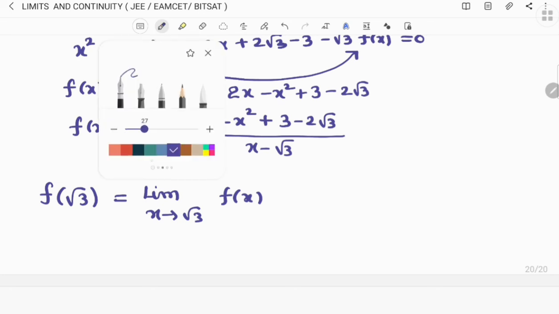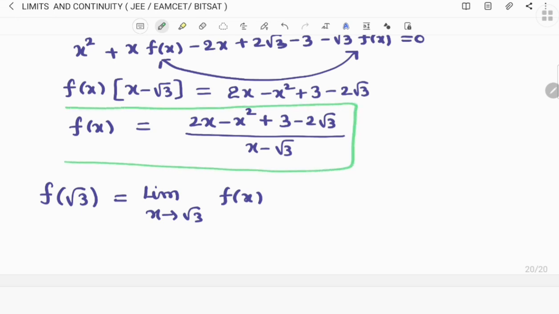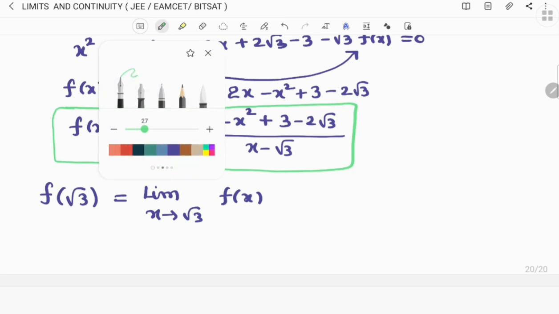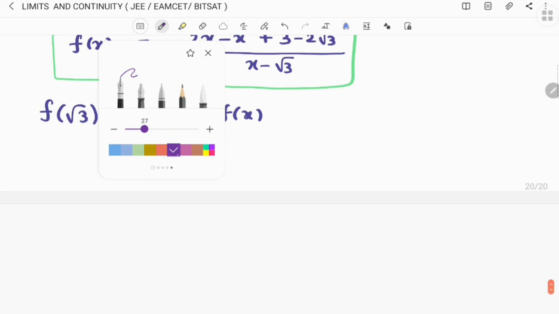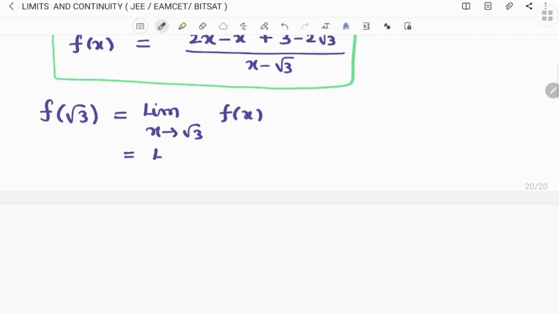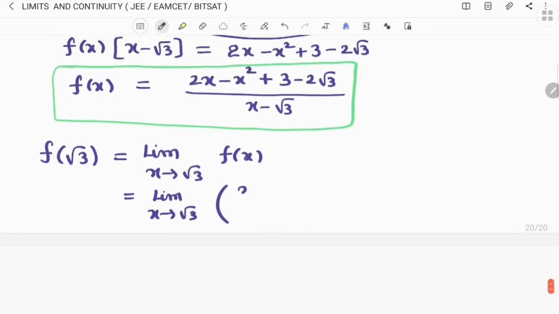Limit x tends to root 3 of 2x minus x square plus 3 minus 2 root 3 divided by x minus root 3.